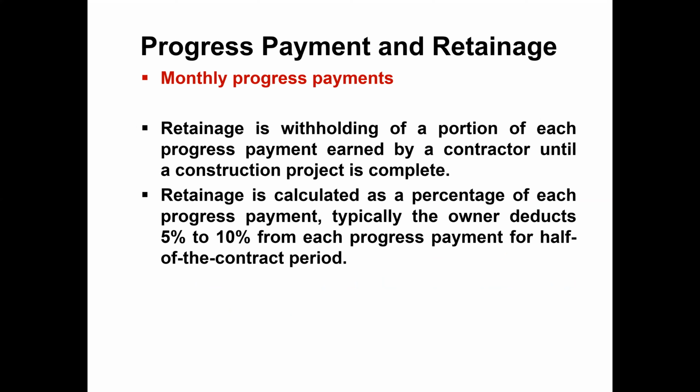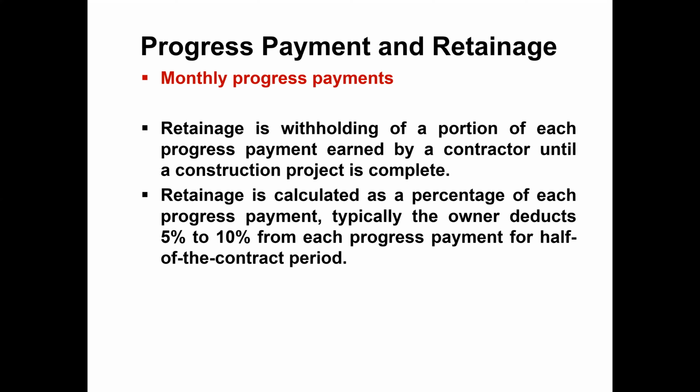There is always a progress payment, monthly, just like everybody gets a salary monthly. Each owner pays the contractor monthly, based on the work done. We call those the first payment, second payment, third payment, so monthly progress payments.